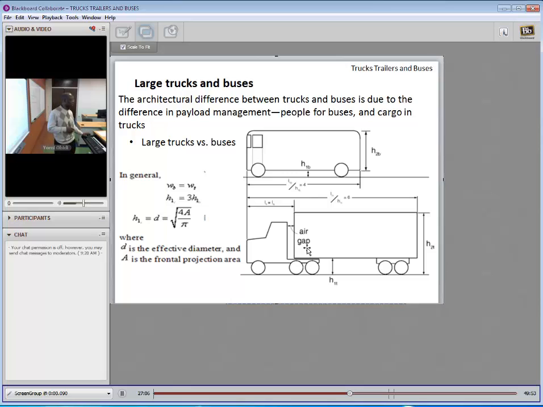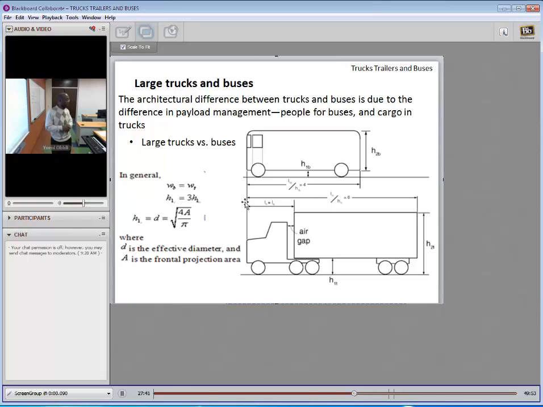H1 is specified, the height for the bus is specified as equivalent to a hydraulic diameter or an effective diameter, and it's given as 4 times A, that's the frontal area, over pi. That's generally how H1 is specified for the bus. And once we know that for the bus, we know the relative comparison for what it will be for the truck.